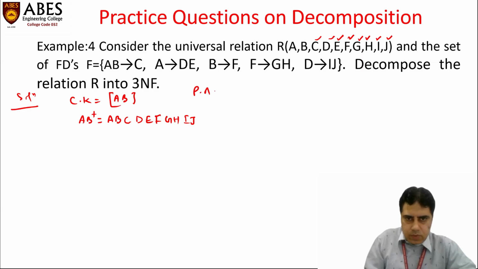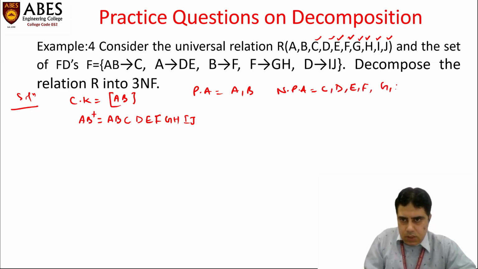The prime attributes are A and B, and the non-prime attributes are C, D, E, F, G, H, I, J.